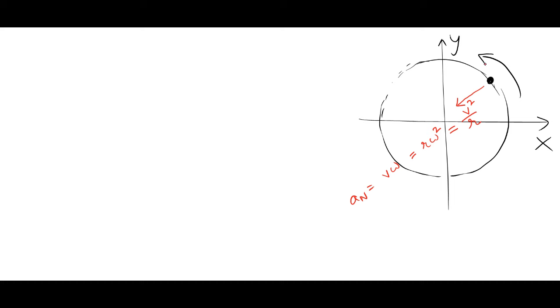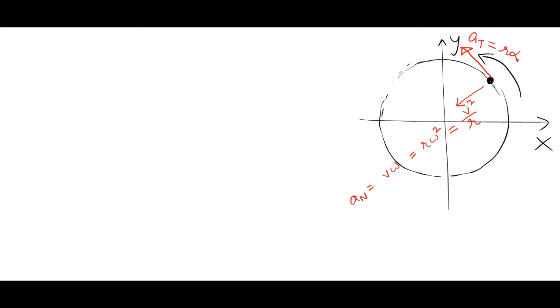And the tangential acceleration is called a tangential, and the formula for that is r times alpha. Now r is the radius of the circle, that's positive, and alpha itself can be either positive or negative depending on whether it helps omega or it opposes omega.